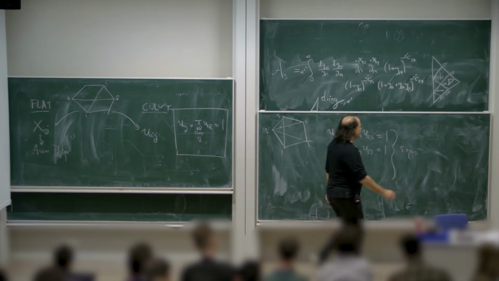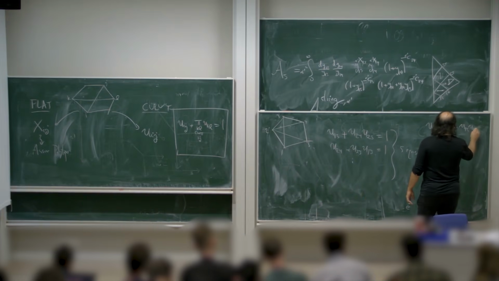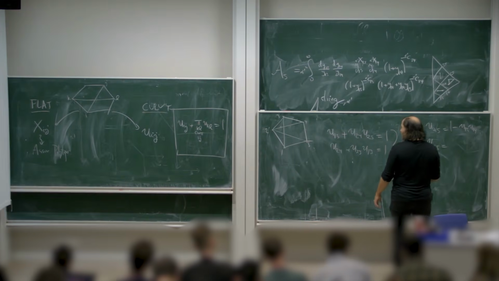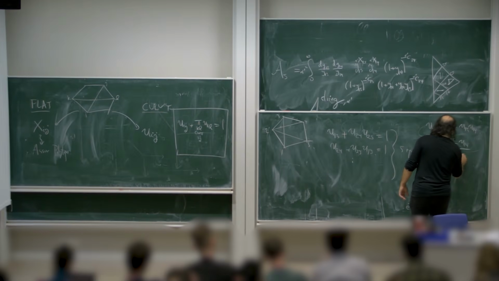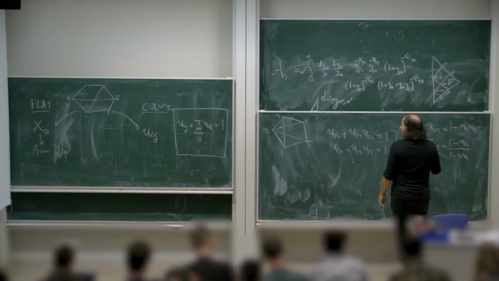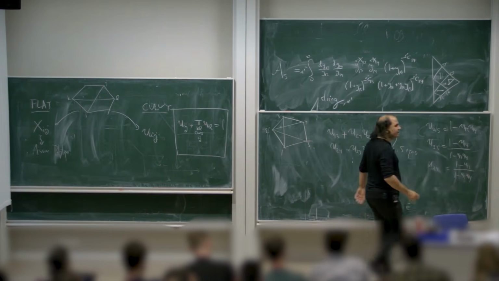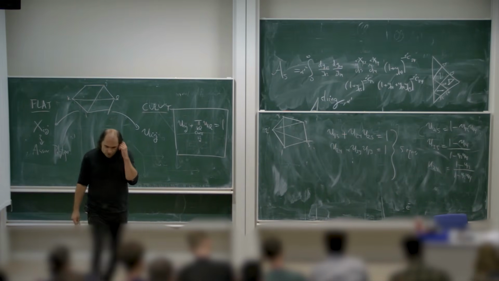For example, u25 is 1 minus u13 u14, u35 is 1 minus u14 over 1 minus u13 u14, and u24 is 1 minus u13 over 1 minus u13 u14. So this is one way you could solve the equations. You can just check that that's true.